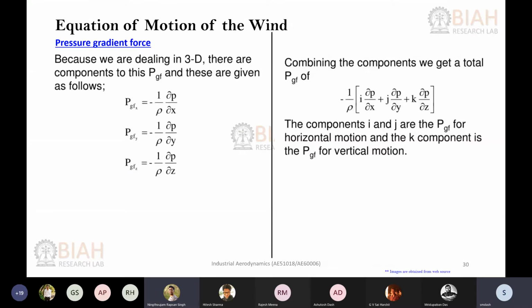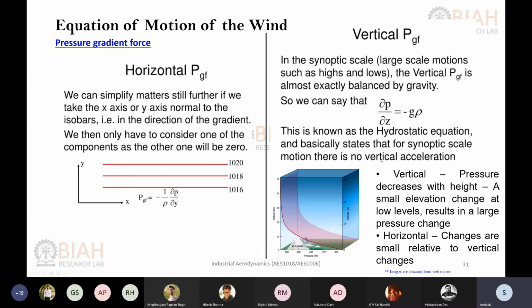Now this will be the total when you have the three components summed together. You can see that the pressure gradient can exist in both the horizontal as well as the vertical direction. For the horizontal pressure gradient, for example here I have shown three isobars, with the values mentioned here, maybe in millibars. If I have the xy plane, along the x direction there is no pressure gradient, but along the y direction there will be a pressure gradient.